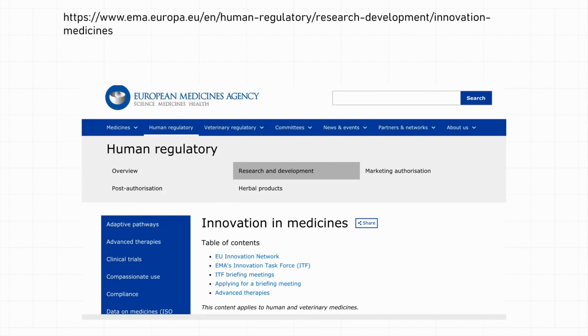I was aware of the efforts that have been going on in funding by the European Medicines Agency for the last few years, but I was unaware of a recent initiative.